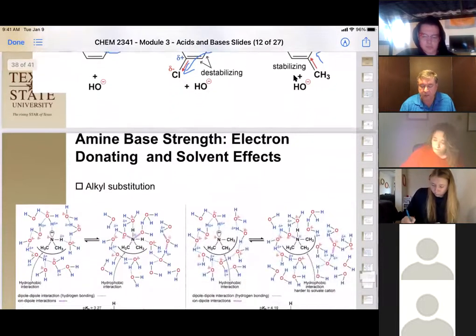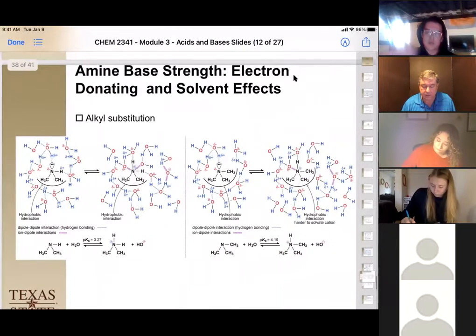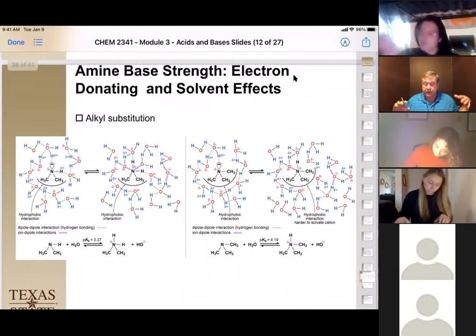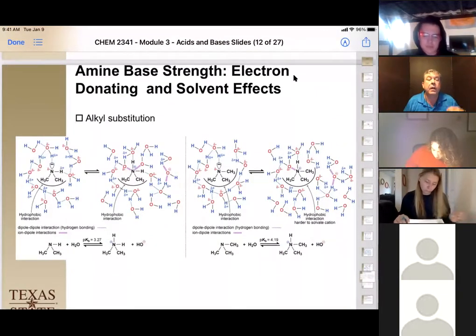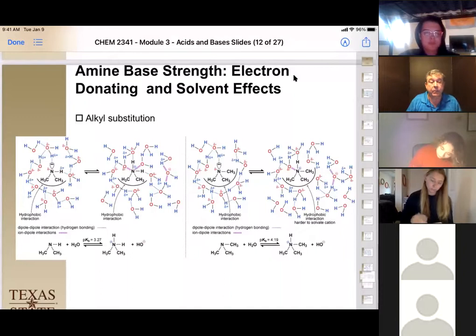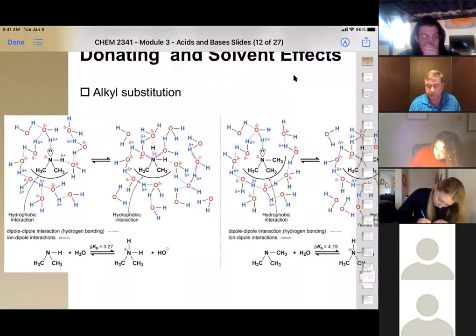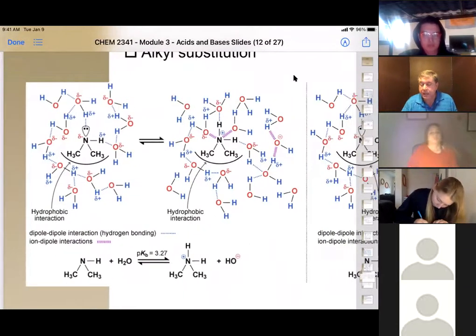All right, so there's also a solvent effect, and it has to do with what it can and cannot interact with. The more interactions it has with the solvent to help stabilize the charge, the more basic it will be. If we look at this one first, we have a dimethylamine in solution, and it's hydrogen bonding to water.